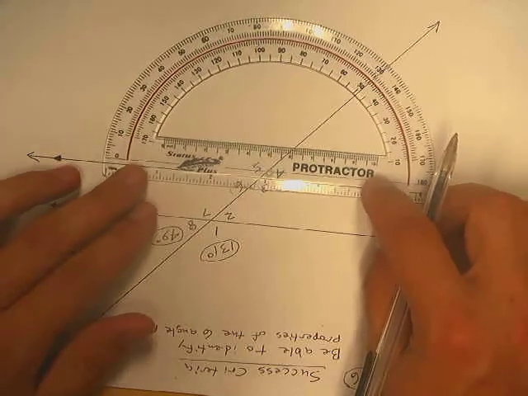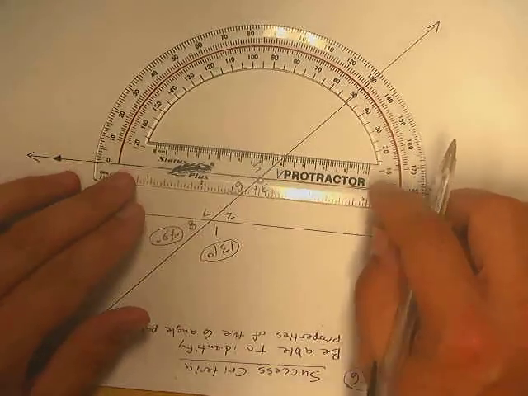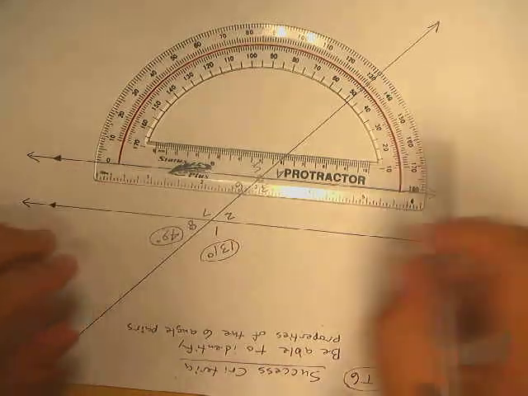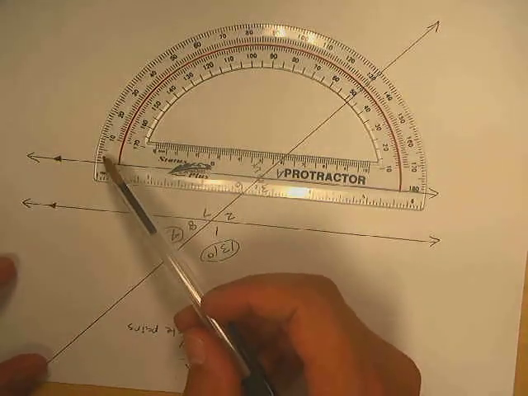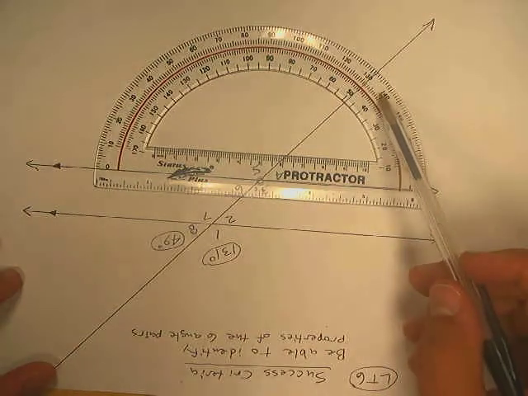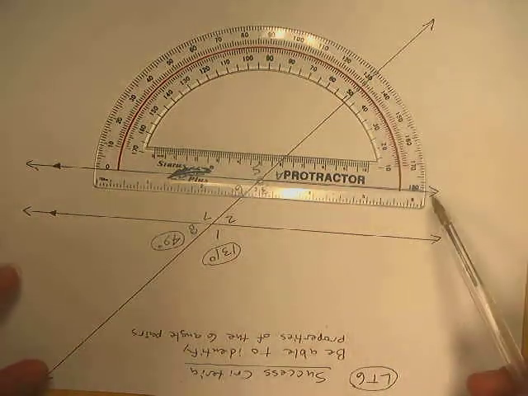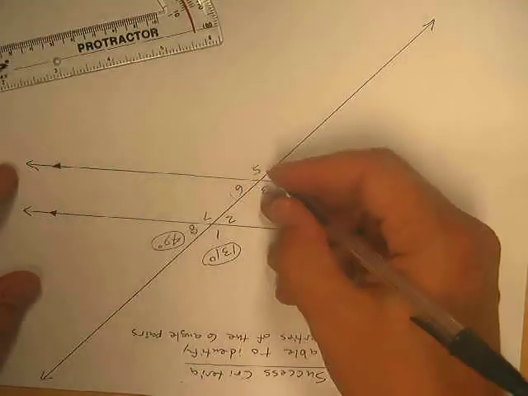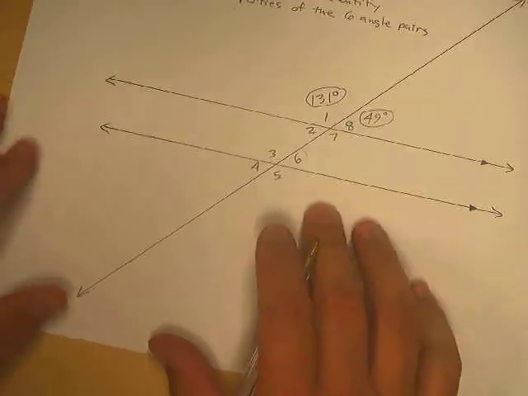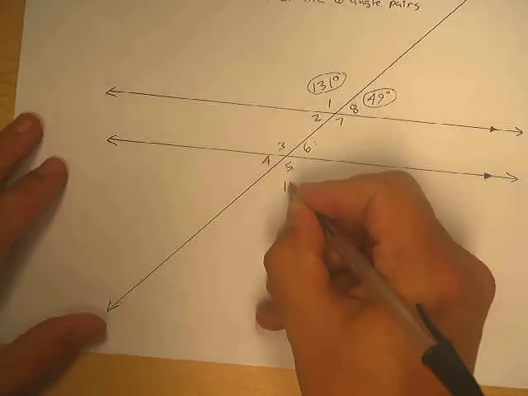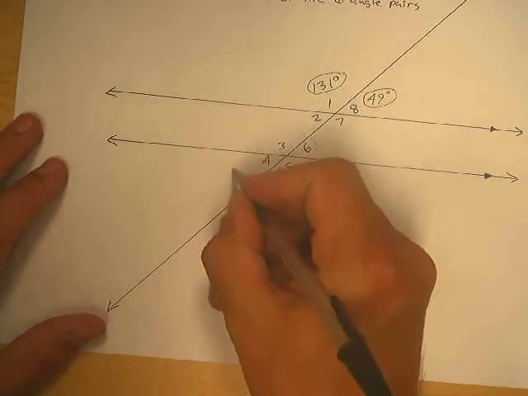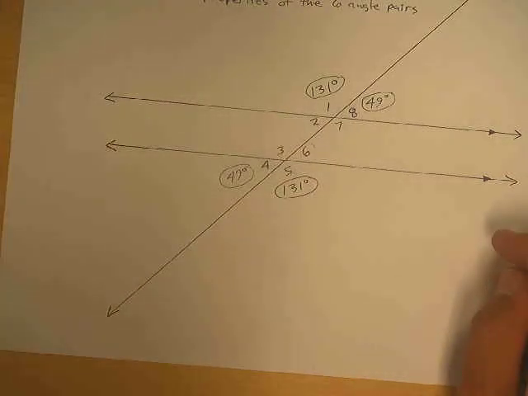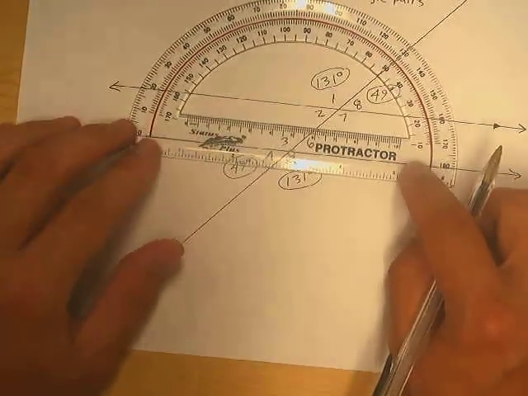All right. I'm going to flip this paper over. And let's measure these 2 angles over here, 4 and 5. Okay? So if you look at angle 5, starts at 0, goes around, looks like it's about 131 degrees. Angle 4 starts here, looks like it's about 49 degrees. So turn around again, right side up, 131 degrees, 49 degrees.